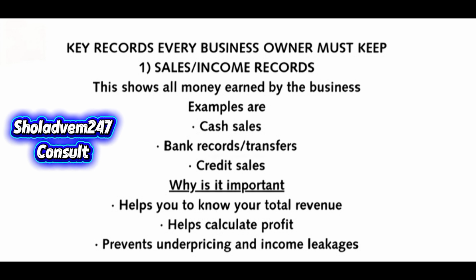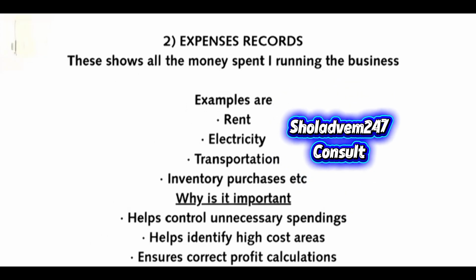The second one is expenses record. Expenses record is the kind of record that shows all the money spent while running the business. Examples are rent, electricity, transportation, inventory, and purchases of whatsoever that you buy.